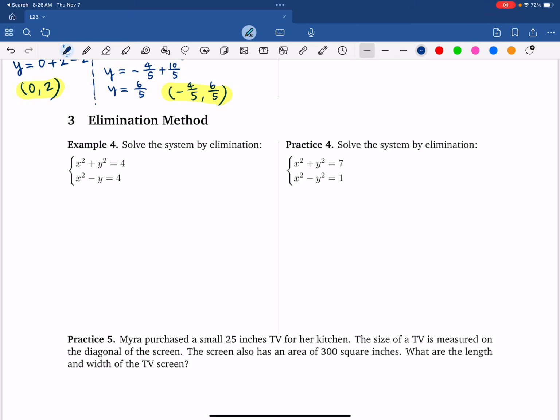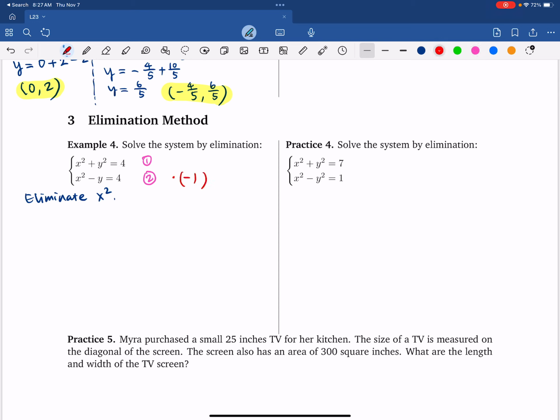And that made our elimination process much easier, which means we have to eliminate x squared. Make them opposite coefficients. So apparently, right now, they are the same, the coefficients. So what we need to do is we need to modify one of them. How about we multiply the second equation by -1?